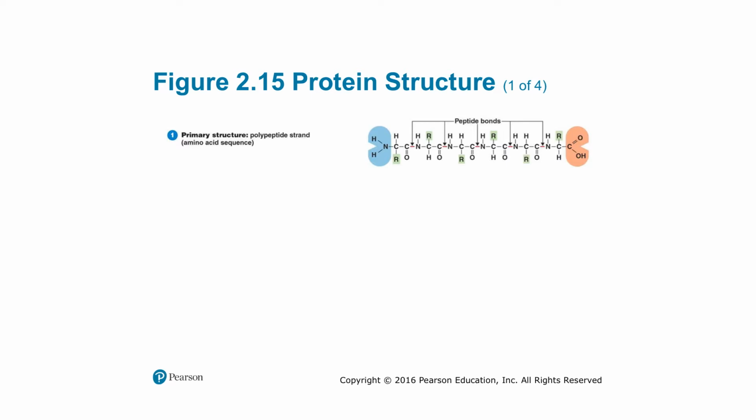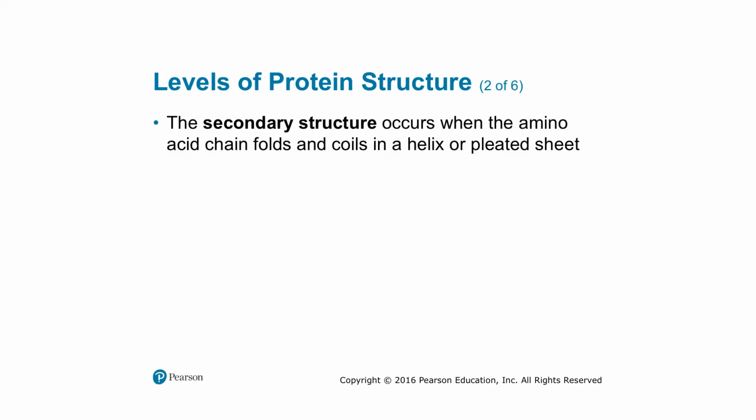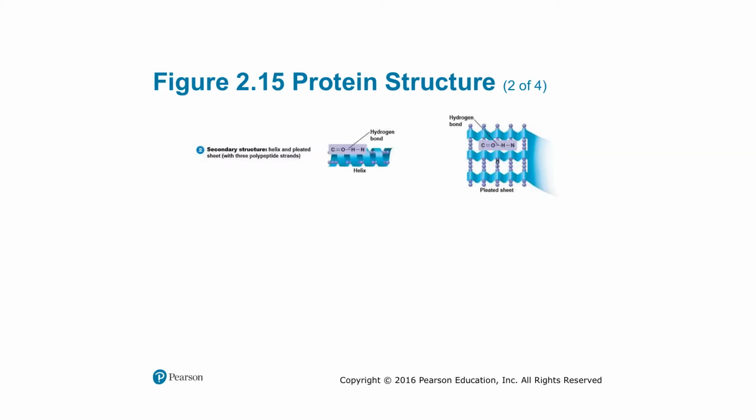The secondary structure occurs when the amino acid chain starts to fold and coil into a helix or a pleated sheet. This is only because of the chemical properties that we see there. The pleated sheet, they might call a beta pleated sheet in some literature.